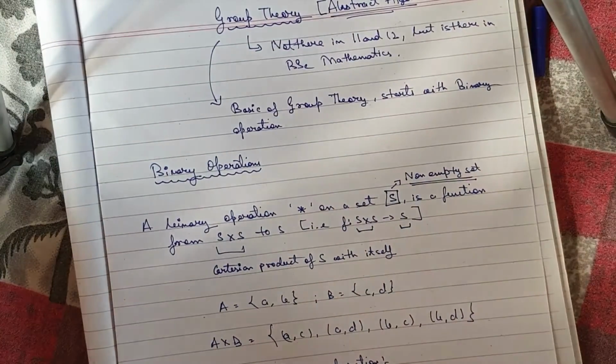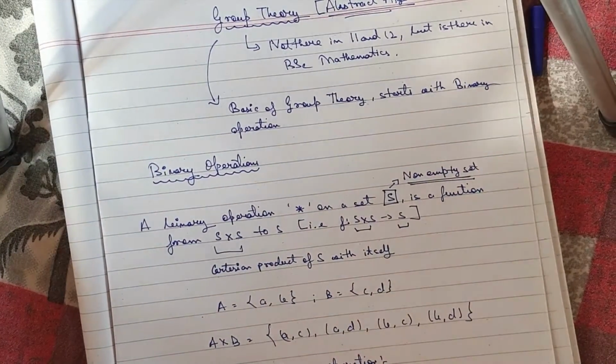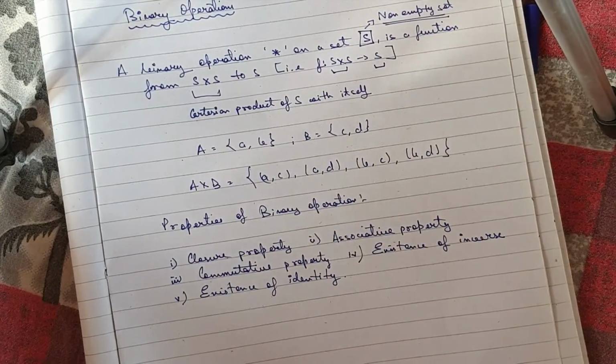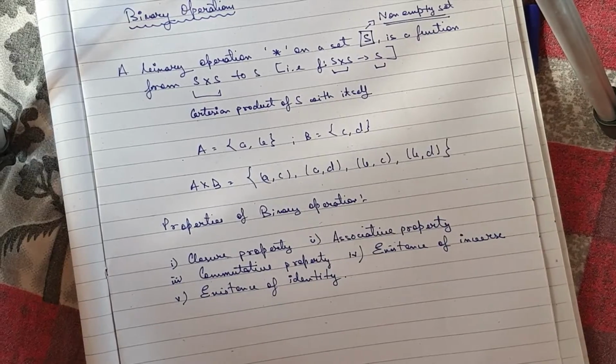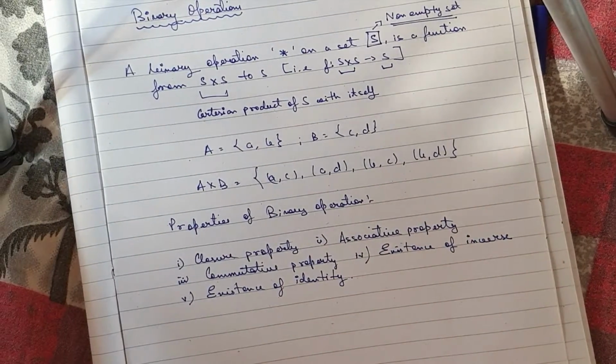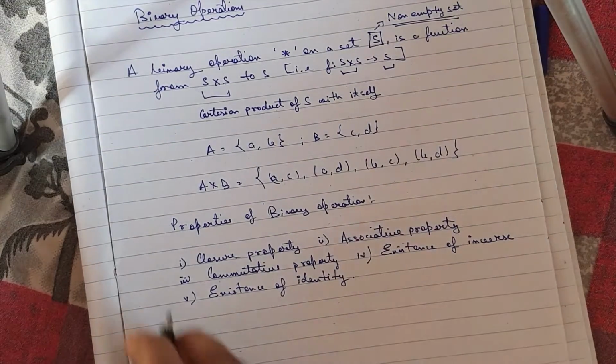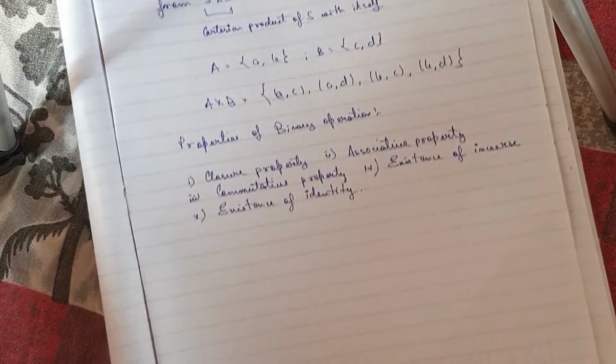Okay, so this S must be a non-empty set. Okay, now the definition basically says that a binary operation star on a set S which is non-empty is a function from S cross S to S. Now let us discuss the definition a bit.